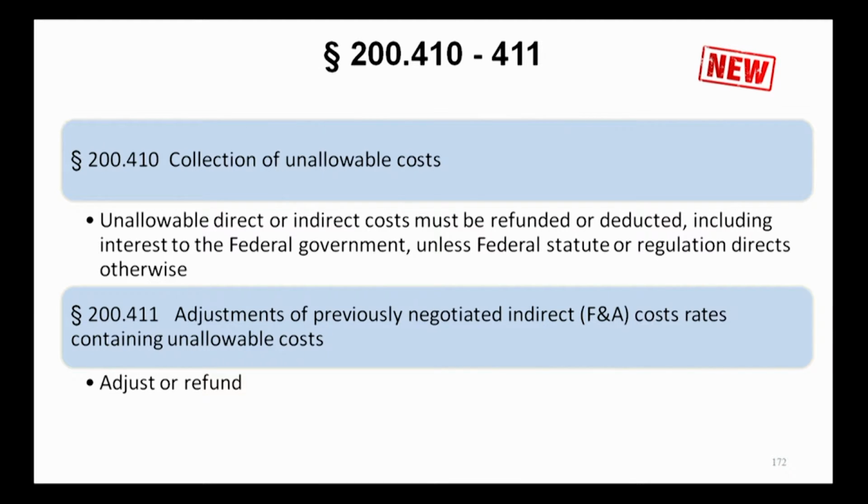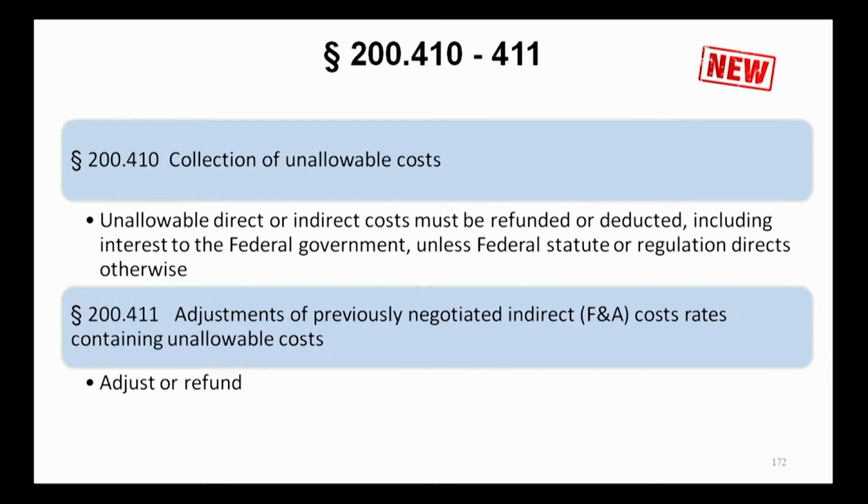And then 411 is just saying, if it's later determined that we have unallowable costs charged to the federal award, then that's going to have to be adjusted and refunded back to the federal government.